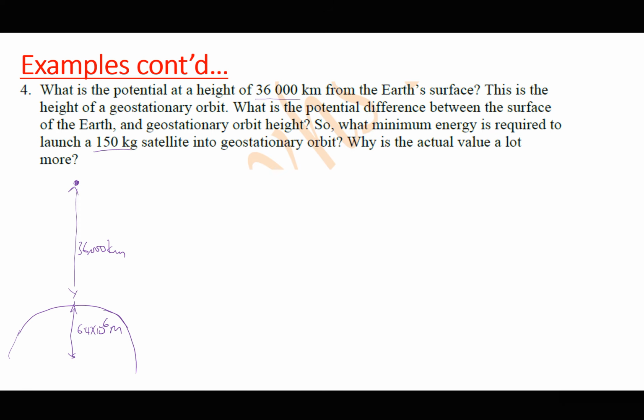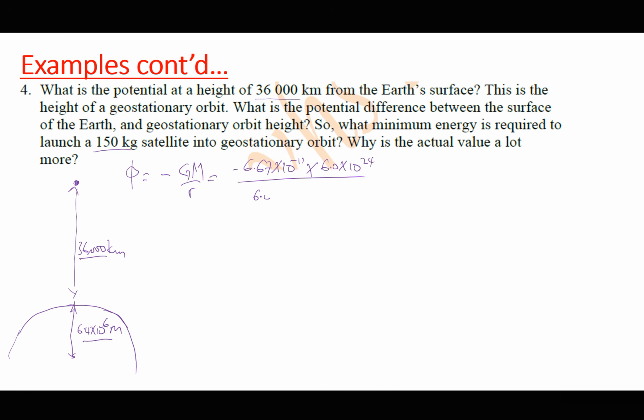Of course, we must include the radius of the Earth. So potential at that height is going to be negative capital G capital M over R, which will be negative 6.67 times 10 power negative 11 times the mass of the Earth, 6.0 times 10 power 24, divided by R, which is this distance plus this distance.